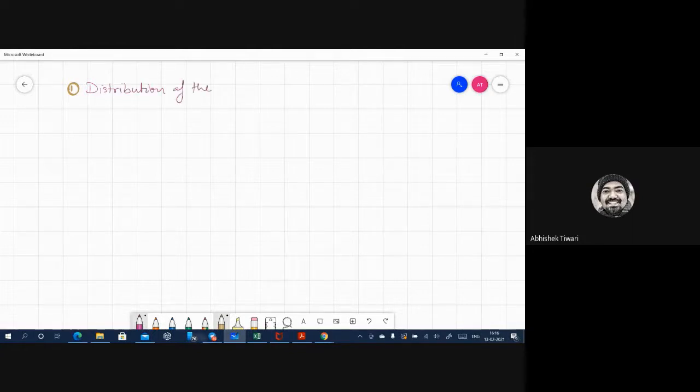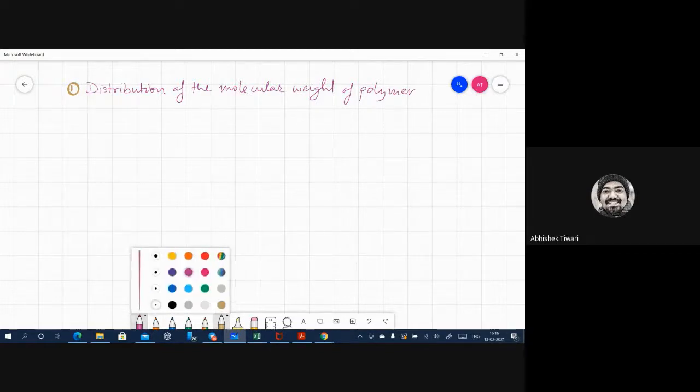of the molecular weight of polymers. So what happens here is, unlike, let's say, any physical chemistry concept where you might have seen that if I have a stoichiometric molecule, let's say the simplest molecule will be hydrogen, or we can take CO2 or any mostly inorganic compounds, but let's not get confused with the organic things.